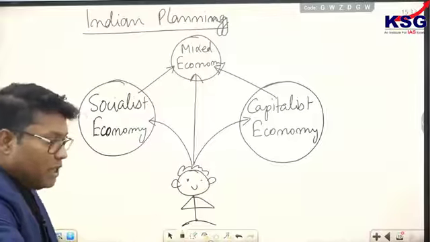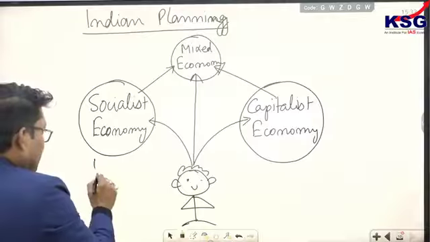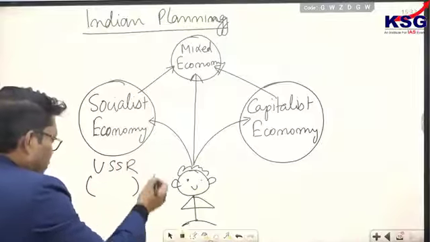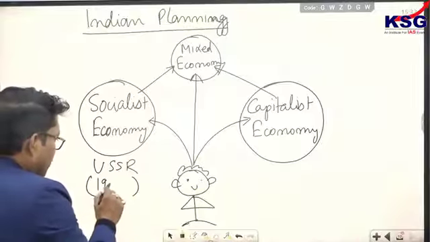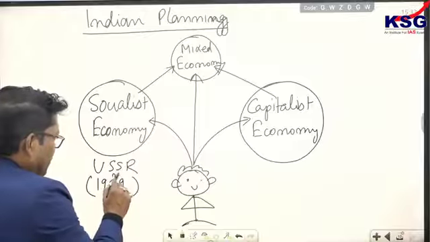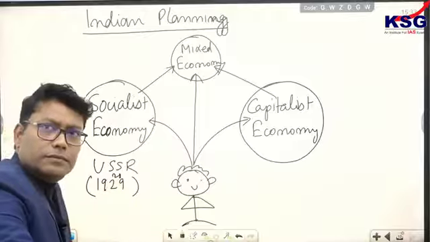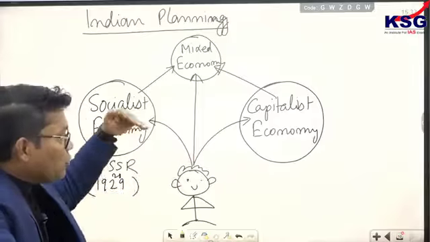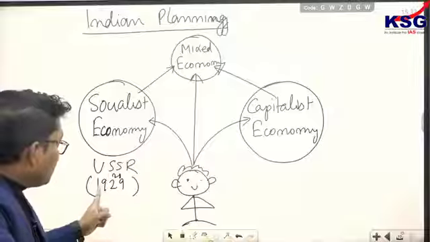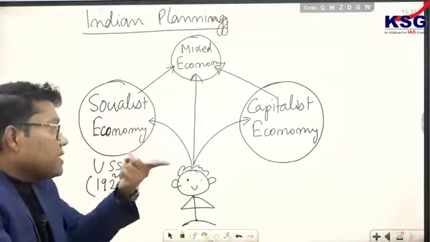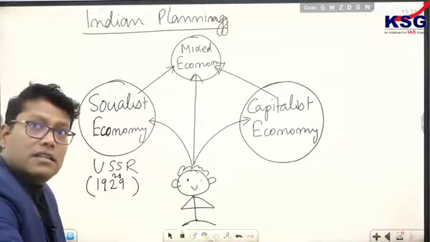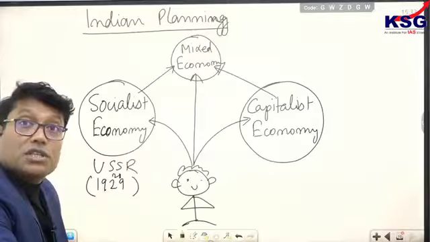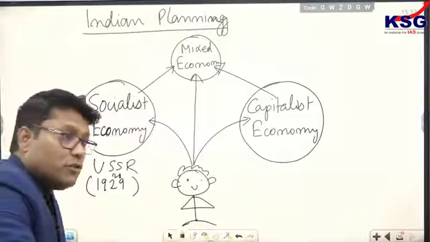But if you take the example of the socialist economy, basically USSR, it started industrialization in 1928-29. When the whole world was going downward, the USSR started industrializing and was performing really very well.